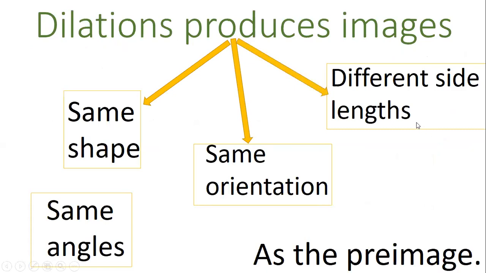The size difference means that the side lengths are different and the angles are the same. So dilations produce images that have the same shape, the same angles, the same orientation, and different side lengths. Here we are comparing the image and the pre-image. Clear?